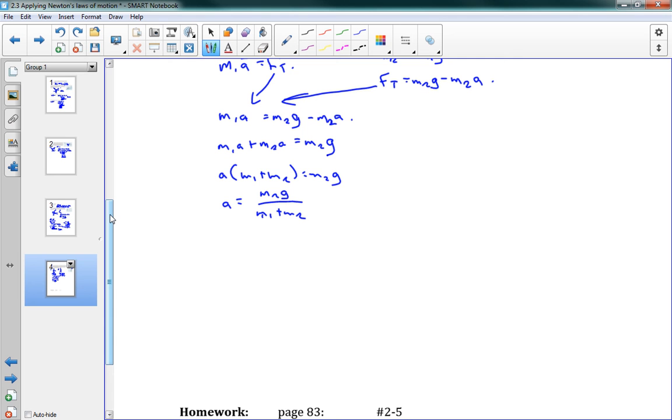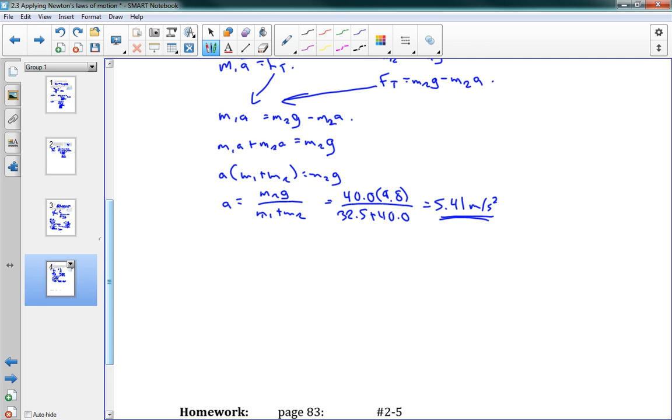So I'm trying to find the acceleration. I've got an equation now, and I can fill in my values. So mass 2 is 40.0, G is 9.8, divided by 32.5 plus 40.0, and this gives me 5.41 meters per second squared. So that gives me my acceleration.